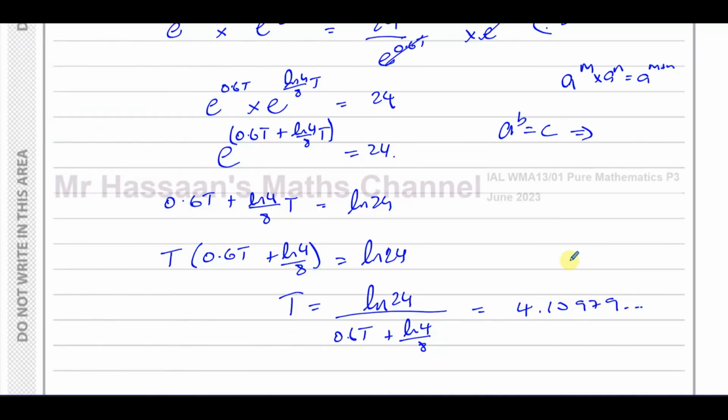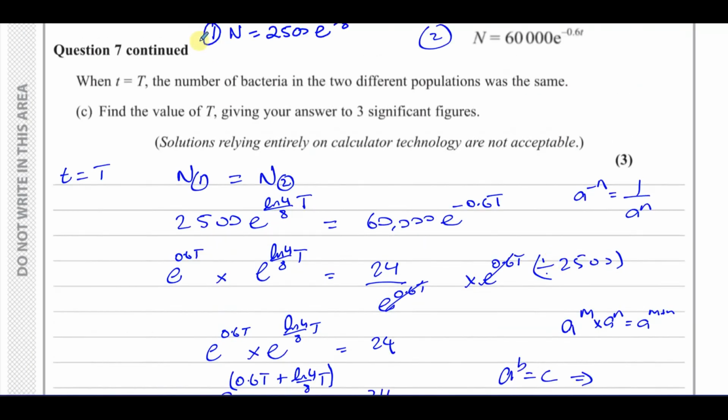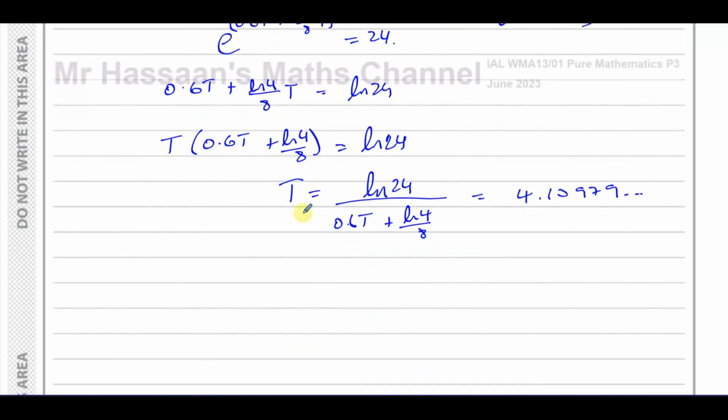It continues on. Now, what do they specify here? They specified to give our answer to 3 significant figures. So we write our answer as T equals 4.11. So T equals 4.11, because that's the answer to 3 significant figures. And that completes this question.